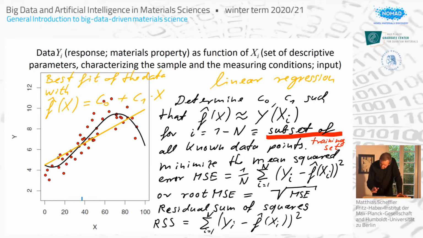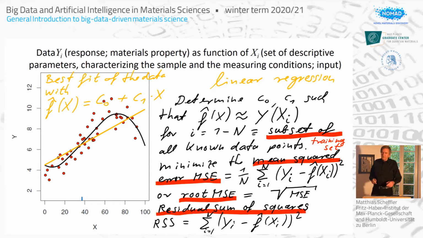So subset or training set are the important words here. Then mean squared error MSE, or the root mean square error, or the residual sum of squares, nomenclature which will come again also later.